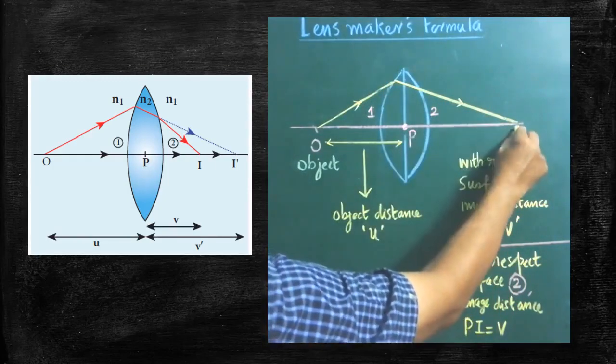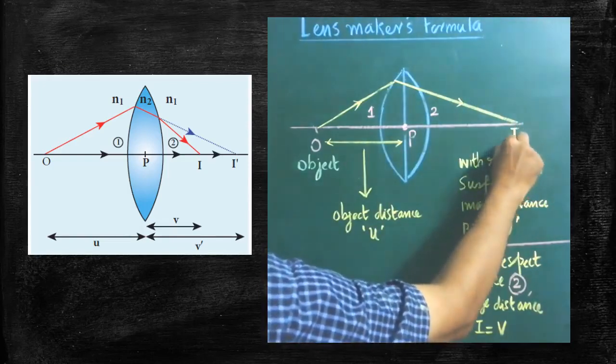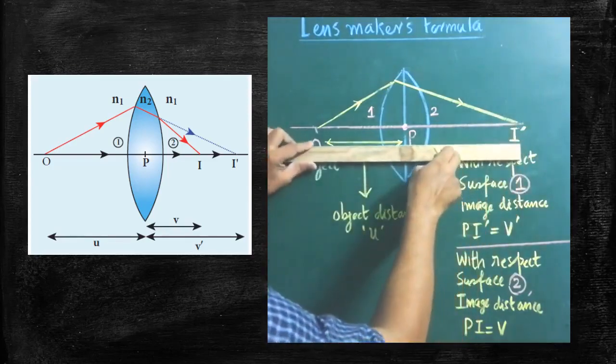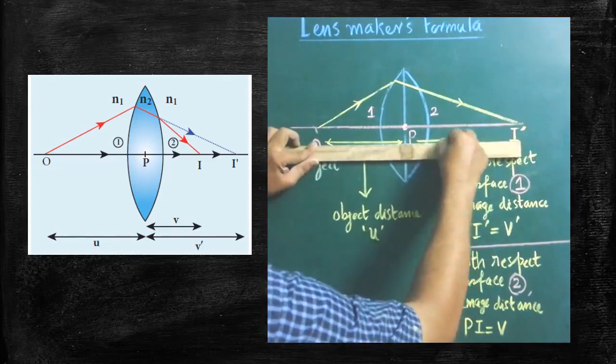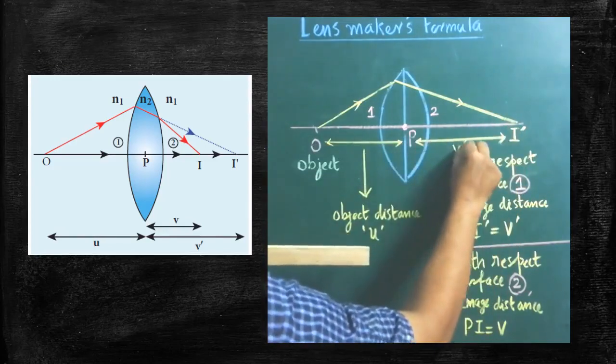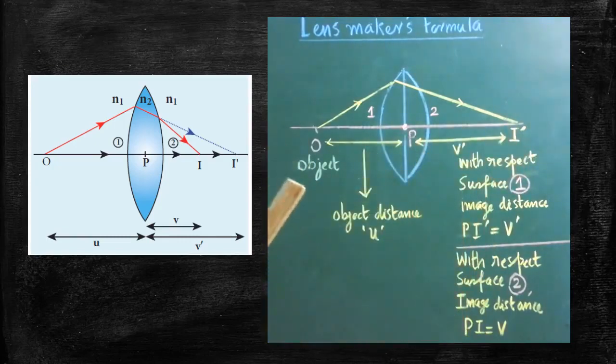This location can be called I dash. The in-between distance P I dash can be called V dash. Very important, it is very far from the pole. Are you clear?